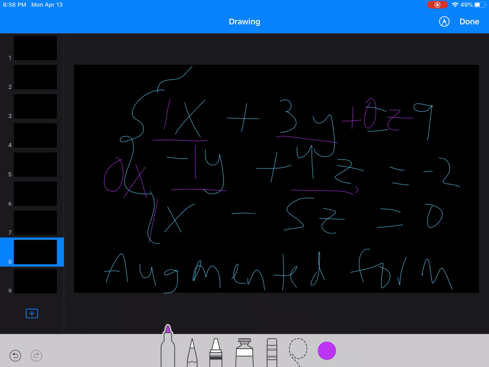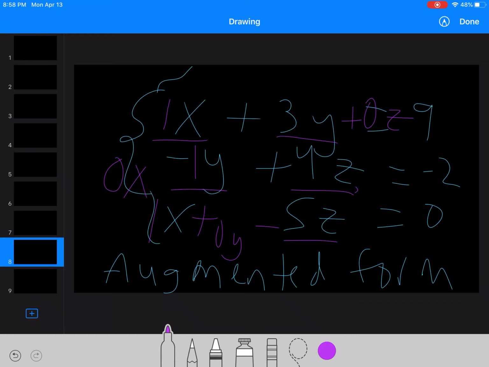I have a 1x on the bottom, minus 5z here, but we have to add 0y. So it's going to be 0y minus 5z. So we have all of our values. We have to make sure we have all of our placeholders in there before we can go to an augmented form.